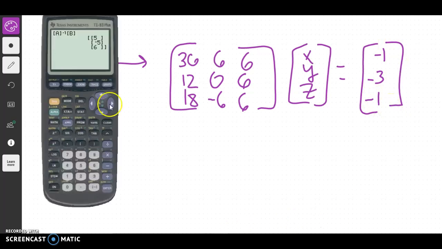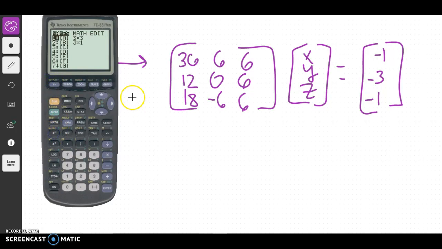Again, we'll just plug these things into the calculator. So I'm going to go to second matrix. Whoops. I'm going to go over to edit. Now I'm going to fill in this matrix. And I'm going to go to second quit after I finish that matrix.